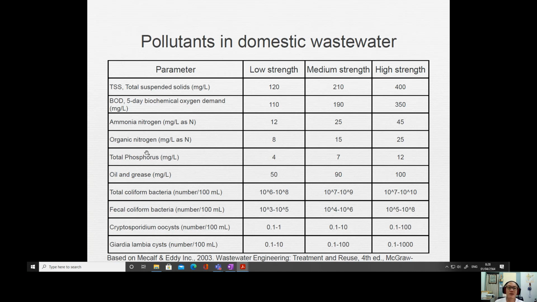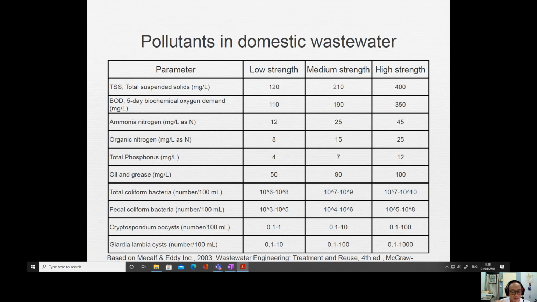For the aerobic treatment, we are using microorganisms and providing oxygen to degrade the organic matter. So this reaction would essentially need nitrogen and phosphorus along with it, but they only need them in accordance with the ratio of about BOD to N to P, 100 to 5 to 1.